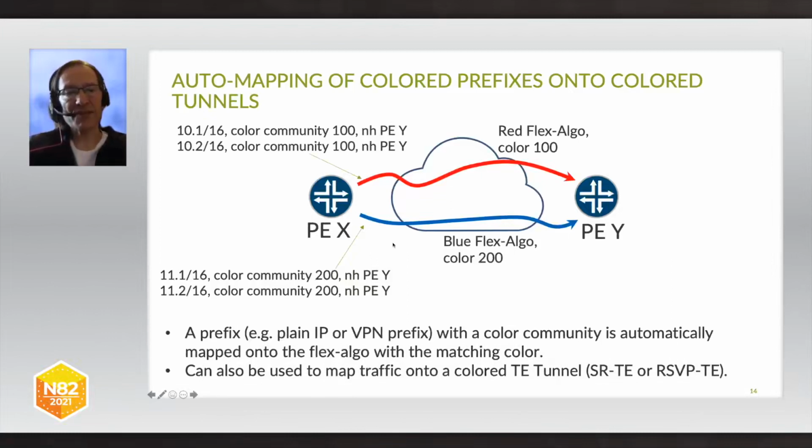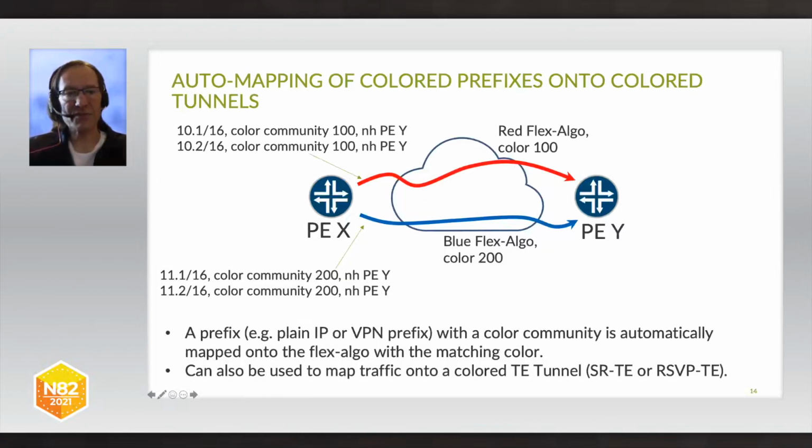And so what PEX does is, if it needs to send traffic to PEY, perhaps a destination within the subnet 10.1/16, because that prefix has got color community 100 attached to it, PEX automatically launches the traffic onto the flex algo that also has color 100.